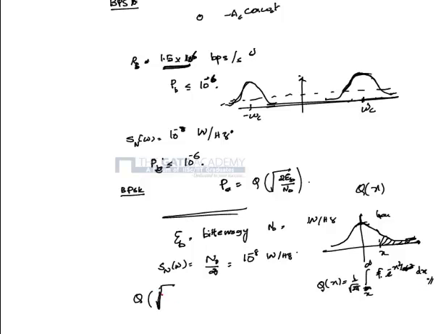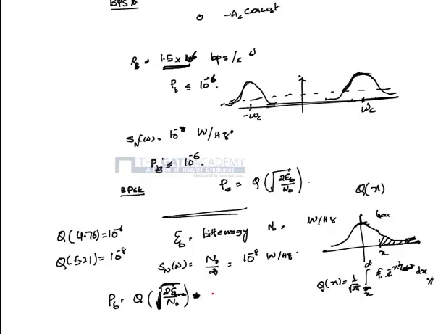This is the expression for Q of x. Now substituting the values, the values of Q for two points have already been given. Q of 4.76 is given to be 10 power minus 6 in the question itself, and Q of 5.21 is given to be 10 power minus 8. Now what we have here in this problem is Q of root 2 EB by N0. Since this is the probability of bit error and we want this to be less than or equal to 10 power minus 6, we will compute the minimum bit energy necessary.